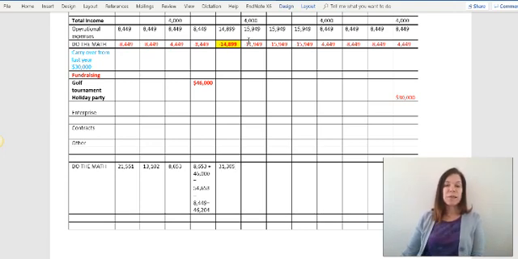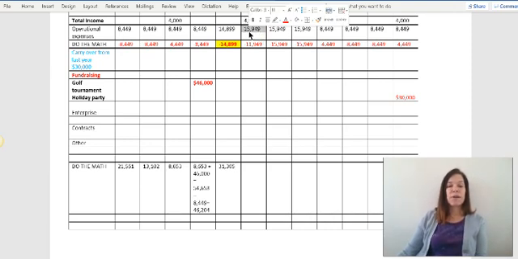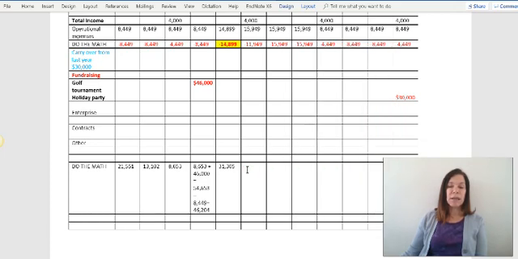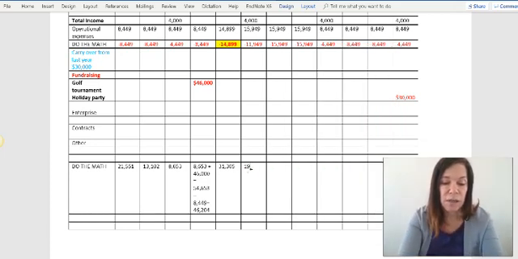Okay. So next month we had a $4,000 grant money come in. So even though our expenses were $15,949, we actually only need, on top of the grant, $11,949. So we're going to subtract 11,949 from our 31,000, and we are left with 19,356.